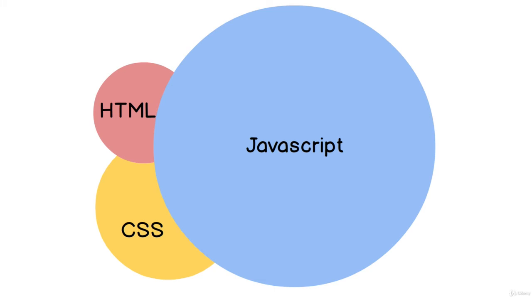But this is the mistake that I made when I first started off. I thought I had to know everything in HTML, everything in CSS before I even touched JavaScript. So I spent way too much time learning everything about HTML, everything about CSS, getting frustrated because I couldn't get my websites to look like somebody that has been doing it for years.